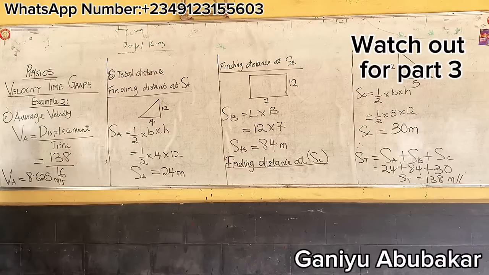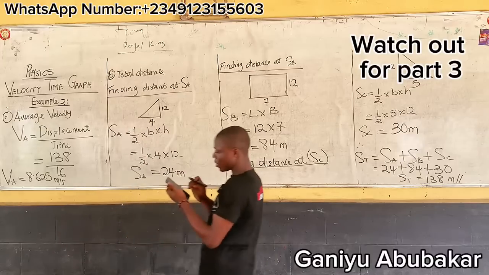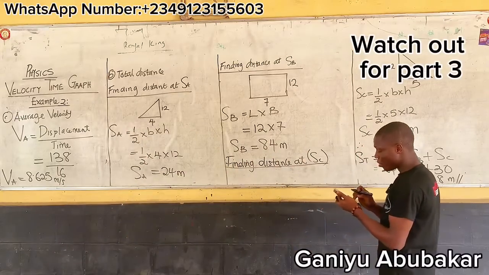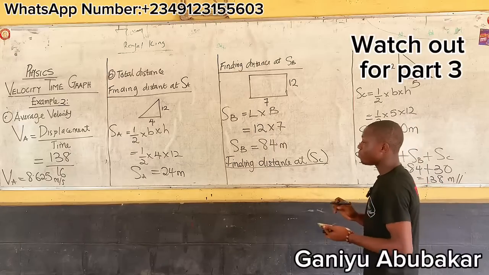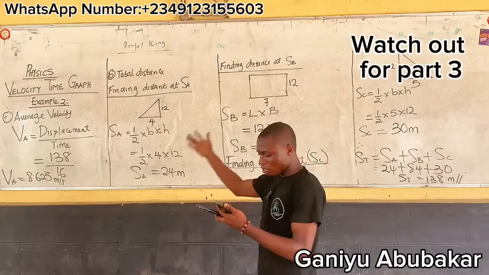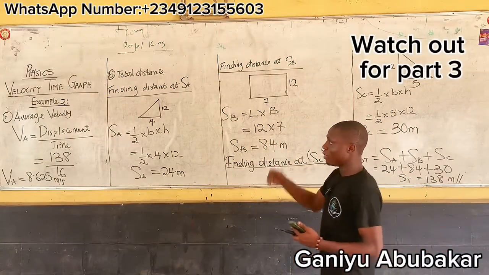So the average velocity covered through the whole period is 8.625 meters per second. That's correct. This is how I solve this particular problem.